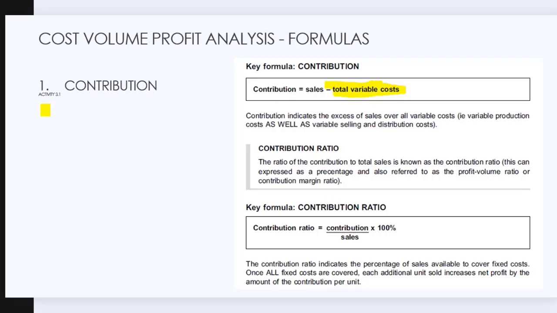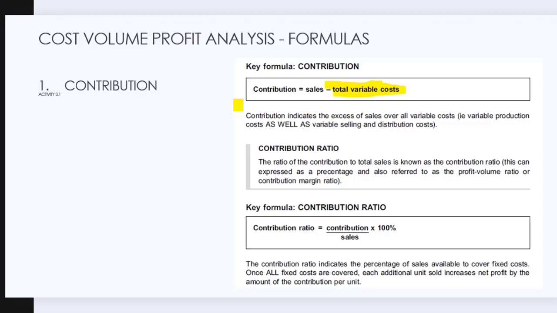I highlighted this because people make a mistake of calculating contribution as sales minus variable cost, but they only take into account their manufacturing direct and indirect costs. But no, you must also add your non-manufacturing variable cost, which in this instance would be your selling and distribution cost. Okay.